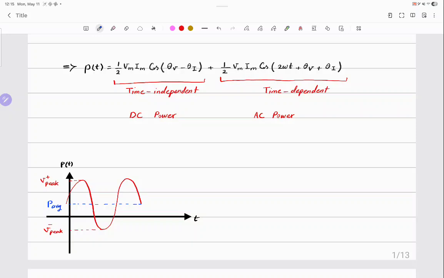Now this is my conclusion. Do you agree with this statement? The DC part of the instantaneous power is actually your average power. Everyone?